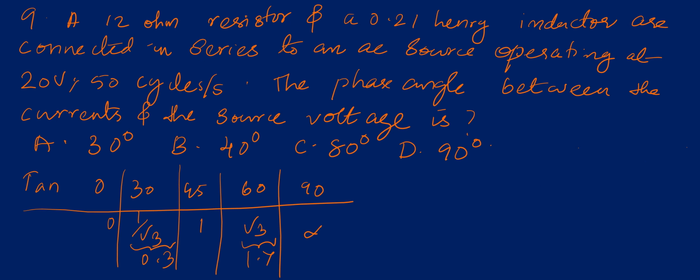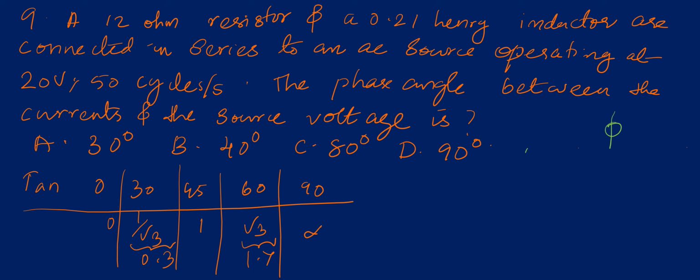A 12 ohm resistor and a 0.21 Henry inductor are connected in series to an AC source operating at 220 volt, 50 cycles per second. The phase angle between the current and the source voltage is phase angle phi.